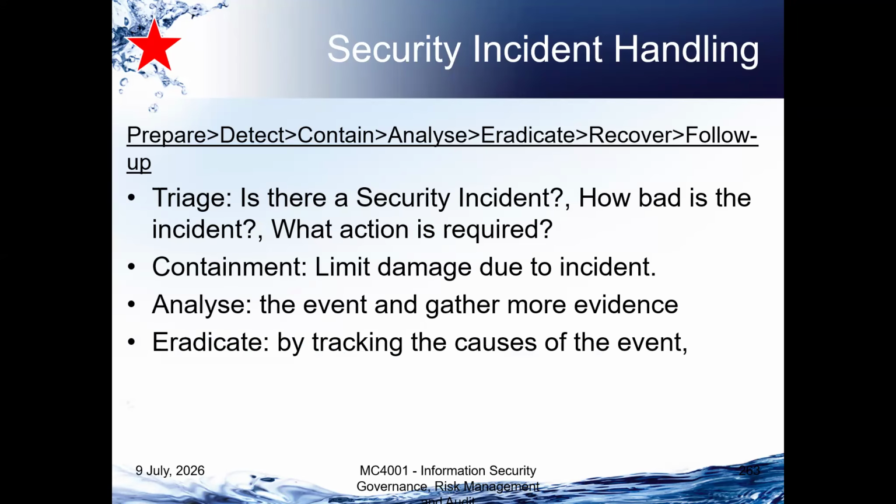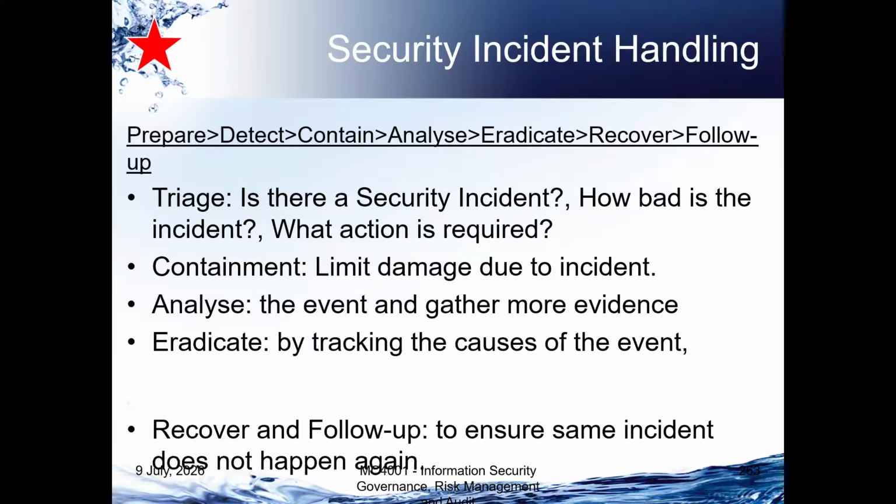Then eradication, by tracking the causes of the event. There will probably be an incident case raised against this incident. By tracking the causes of the incident, you eradicate, and you try and get rid of it as soon as possible.